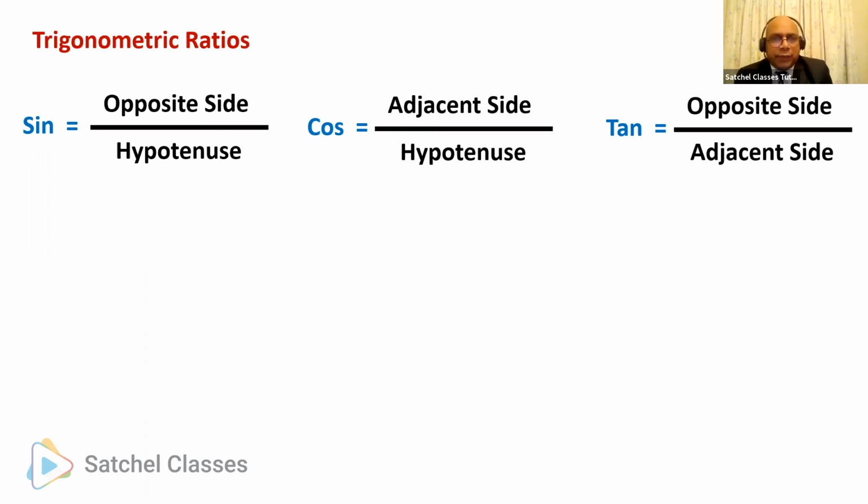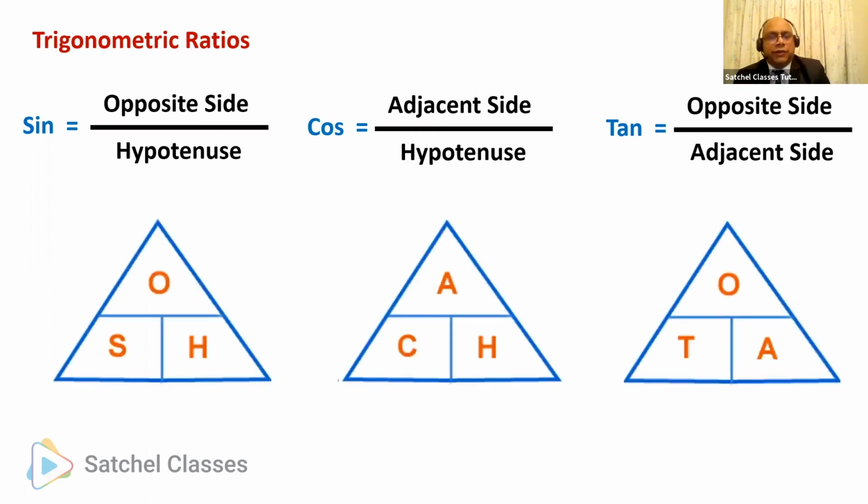Now these three trigonometric ratios can also be represented by the formula triangle, which looks like this. Now, many students use these formula triangles to remember these ratios very well. So you know how the formula triangles are used, right?